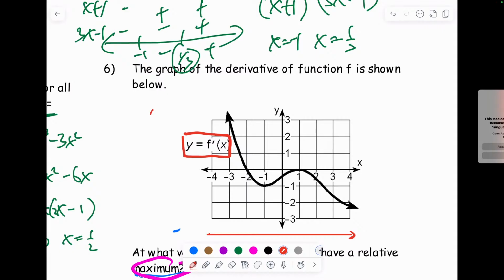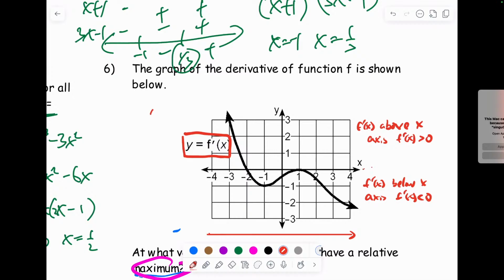If f prime of x is above the x-axis, that means f prime of x is greater than 0. Is that okay? If f prime of x is below the x-axis, that means f prime of x is less than 0. Is that okay?